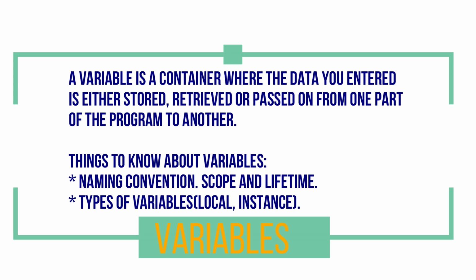The next thing in our training, as you can see on the screen, is the scope and the lifetime of a variable. Very, very important for us to know this. Guys, a variable can be declared within a class or within any block. Any variable that is declared within a class can be an instance variable or a static variable.